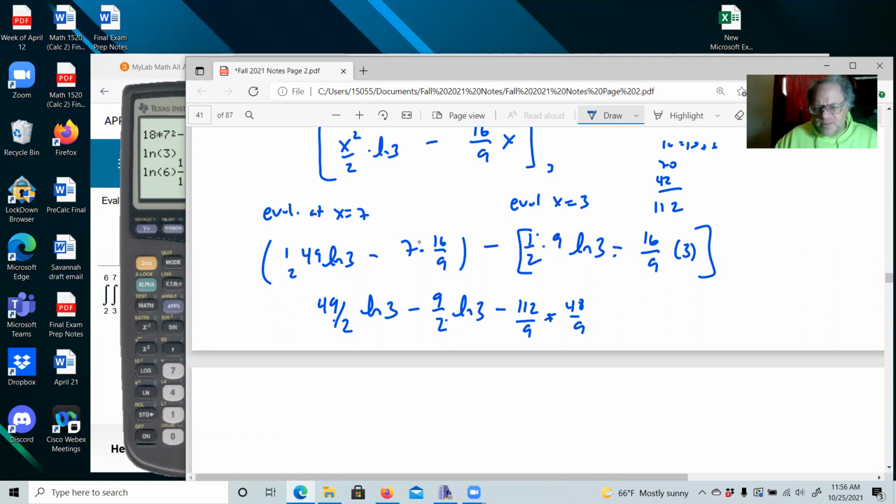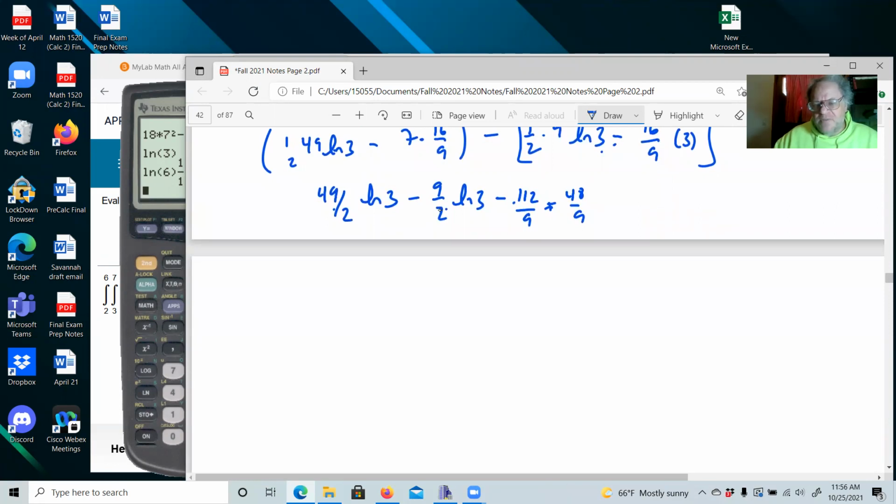So we have minus this one plus that one. If I type this in, it's going to tell me, hey, you could simplify. These have common denominators. So what I can do is take our ln 3 out. We have 49 halves minus 9 halves. See, that doesn't look so bad anymore.